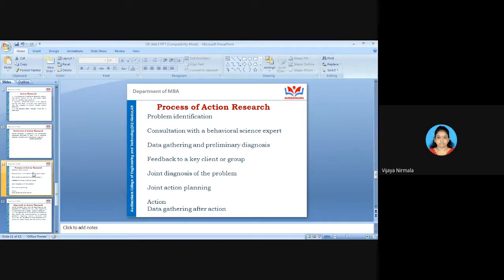This data gathering involves gathering the appropriate information and analyzing it to determine the underlying causes of the organizational problems.